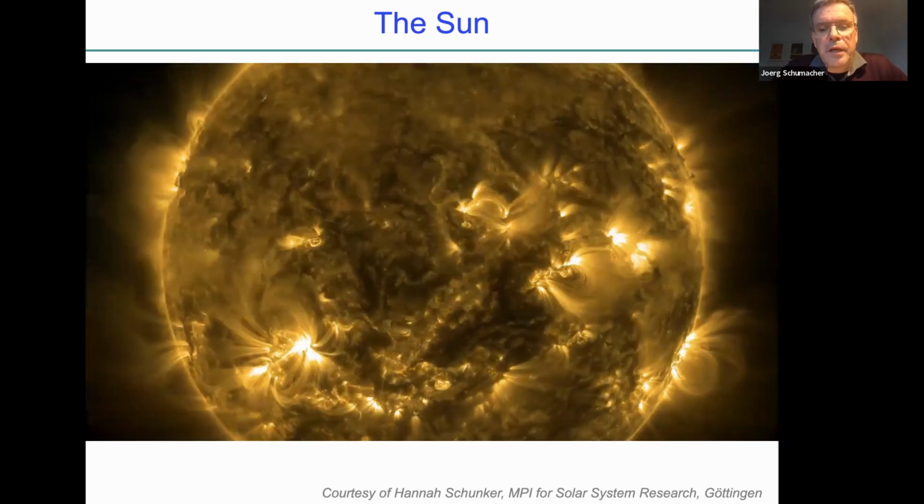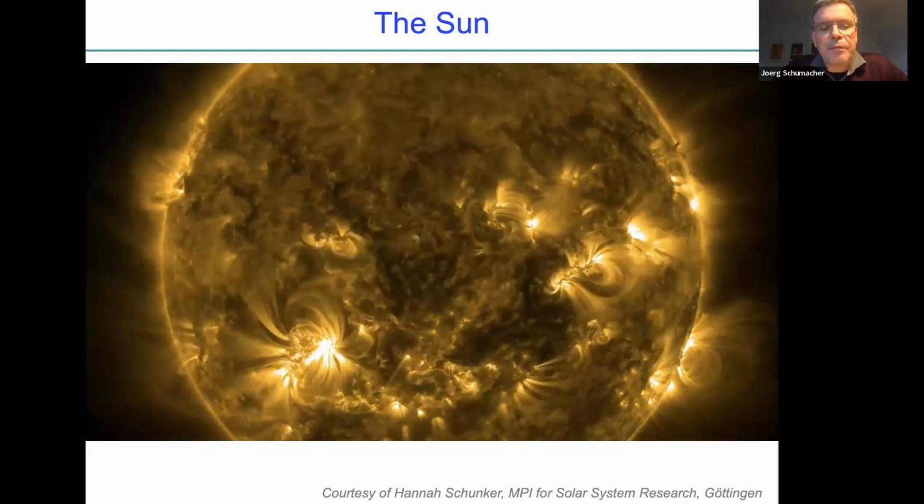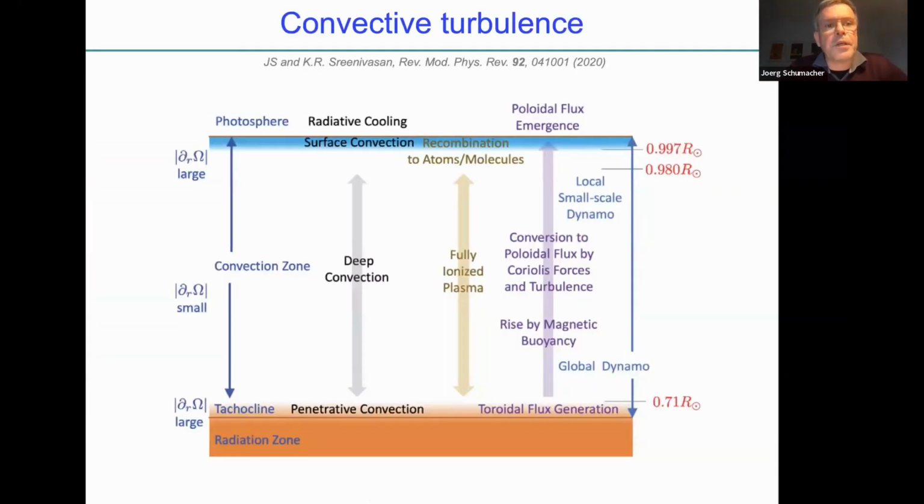We have these magnetic loops, we have these intense magnetic regions, and you see in between a kind of granular type surface, and that is an expression of the turbulent convection, which takes place in the outer 30% of the solar interior.